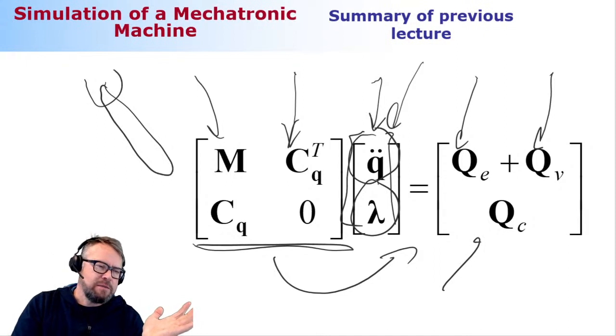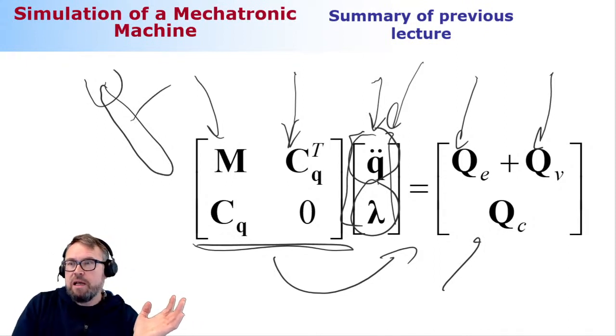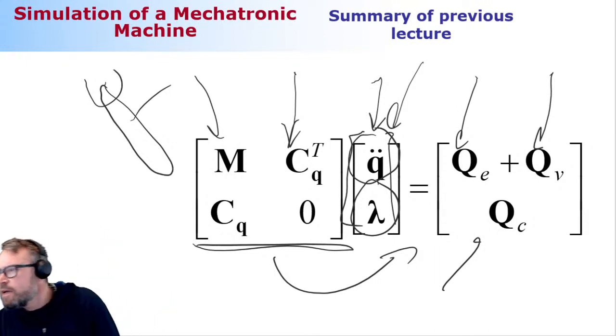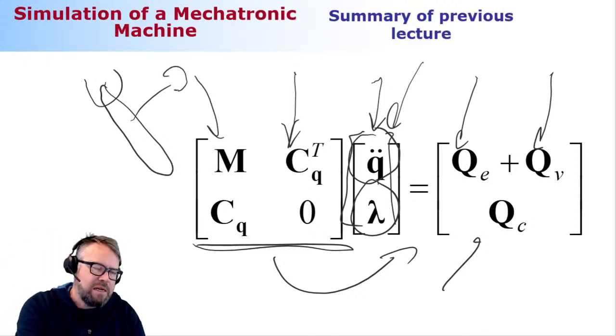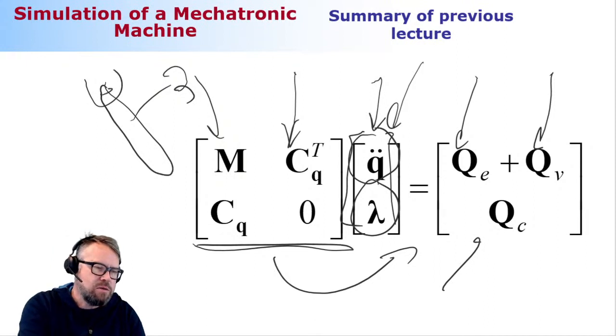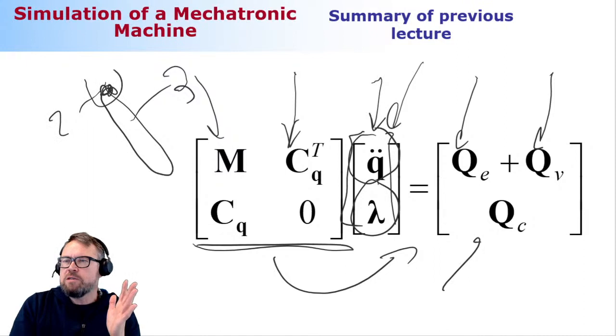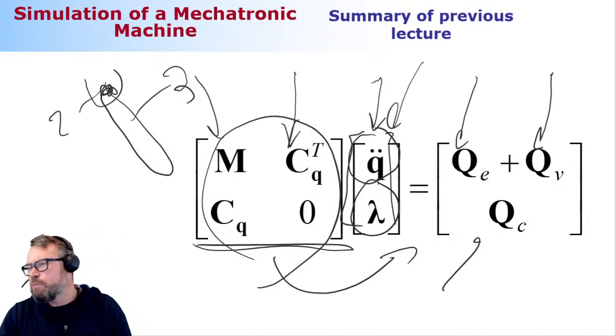Well, you have 3 generalized coordinates, because everybody needs 3 generalized coordinates. That's going to be 3. And then how many constraints do you have? That's going to be 2 because of the revolute joint here. So that's 2 constraints, for a total of 5 unknowns. Meaning that this system matrix here is a 5 by 5.